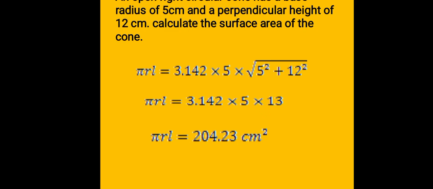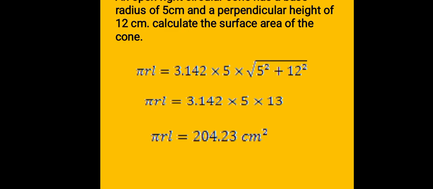Now, what it means is that the radius and the perpendicular height form a right angle triangle with the slanting height. So the slanting height is the hypotenuse, and using the Pythagoras theorem, the hypotenuse can be found by squaring the base radius and the height of 12, and then you get the hypotenuse.